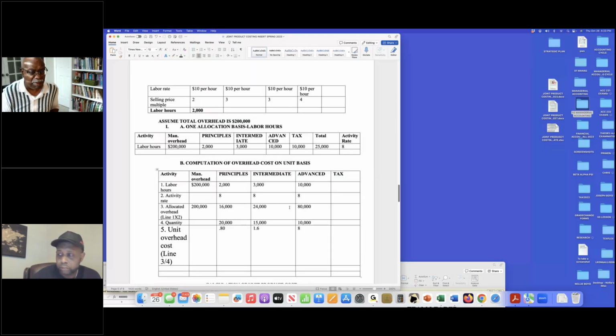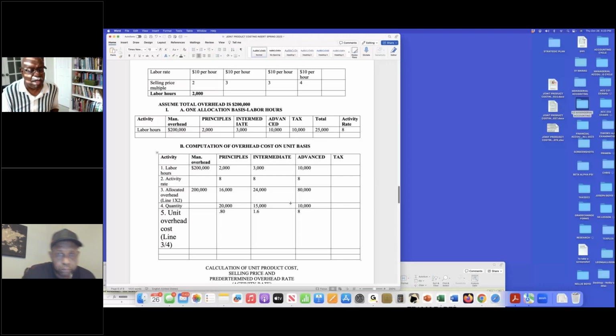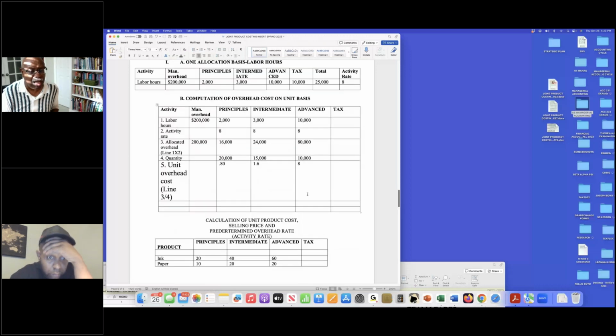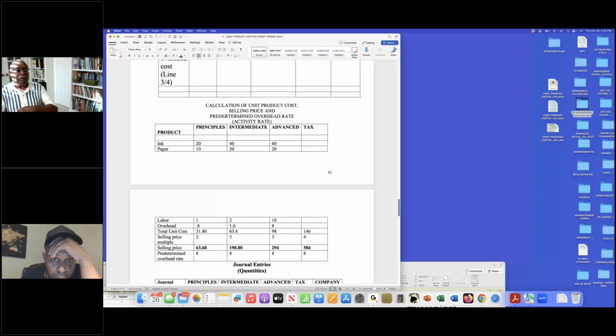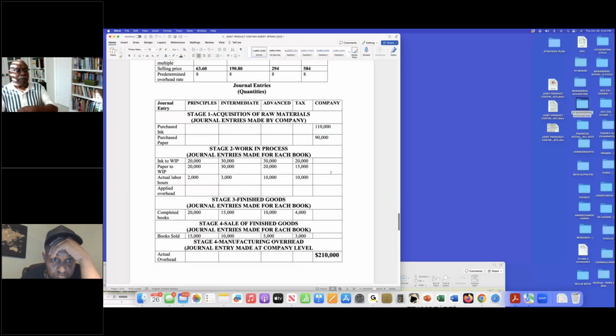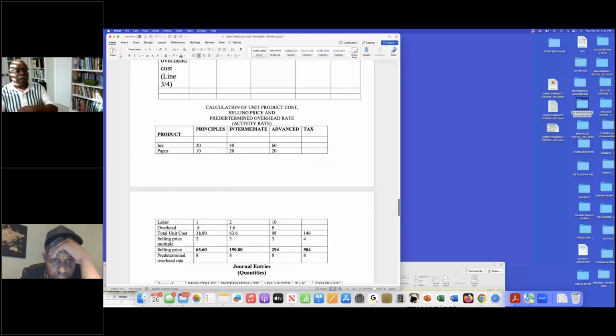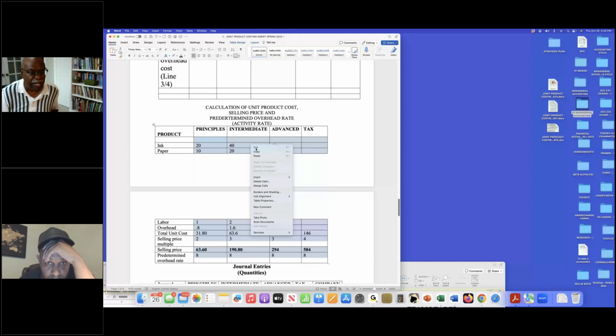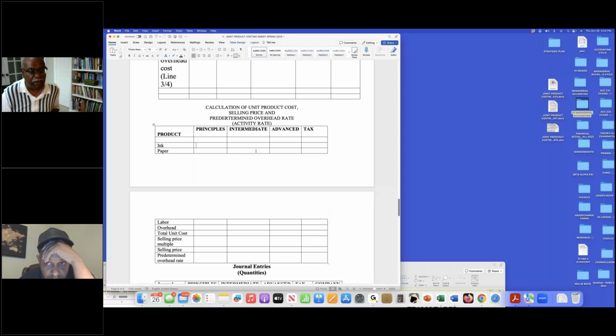What we have to do is calculate the unit overhead costs, add that to get the unit cost, selling price, and POR. We have to do this for each book. We did it for 2 just now, and for each book we have to go in here and do this.